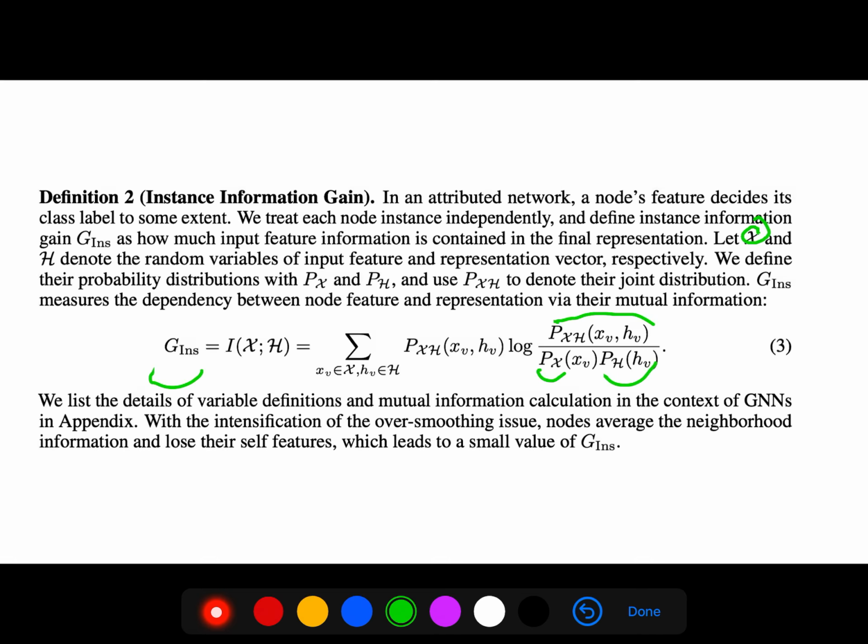So this is a random variable of input feature, and H is the random variable of representation. I think it was in the previous video that I was talking about this X, H, Y, that we want to minimize the mutual information between X and H and maximize the mutual information between H and Y. So this is in the same spirit.